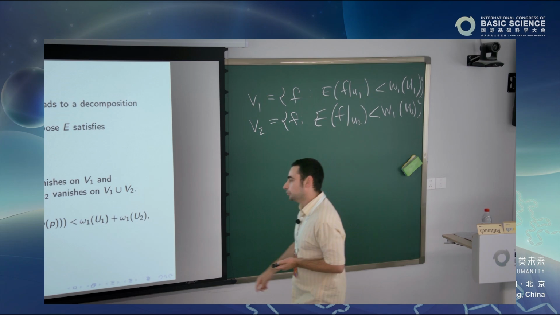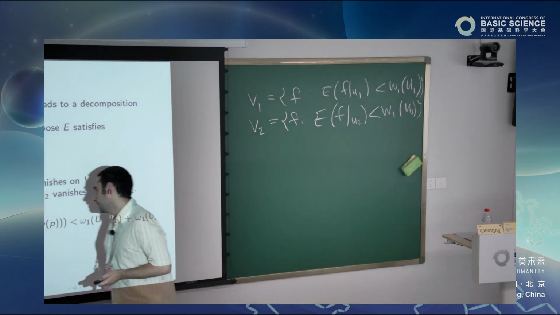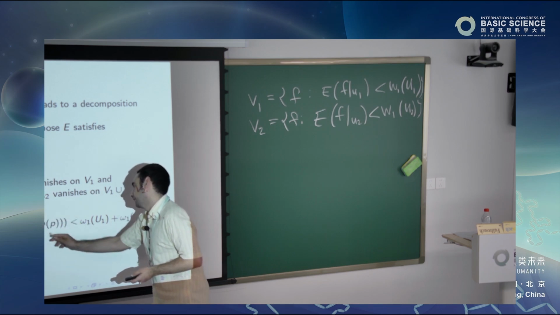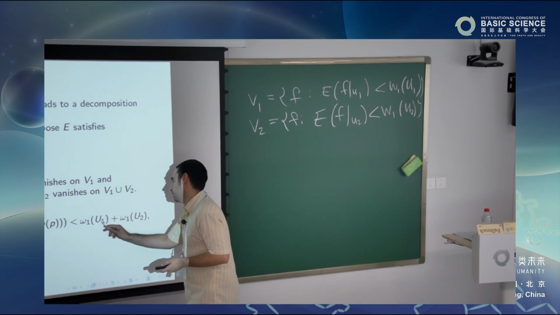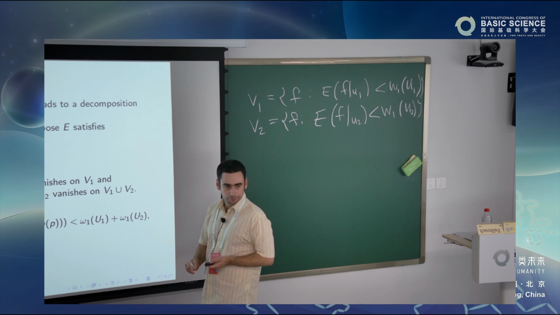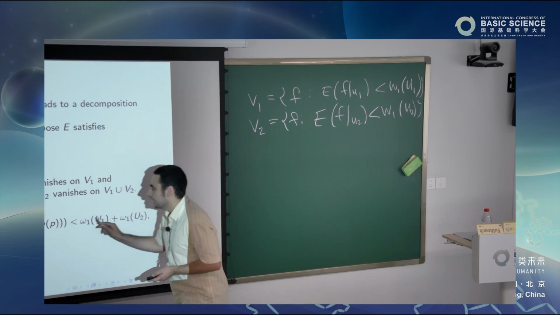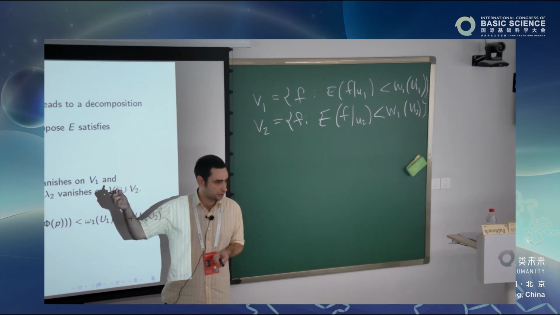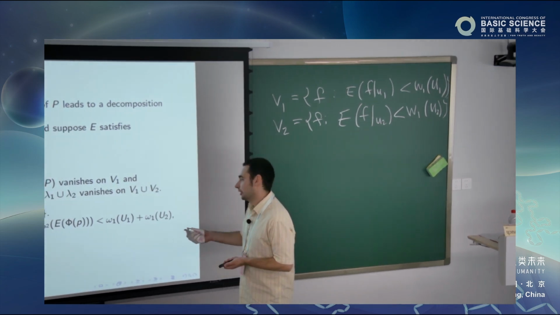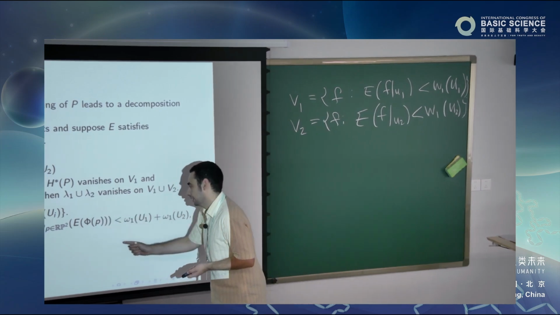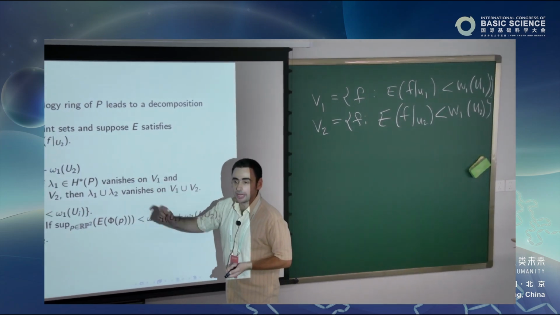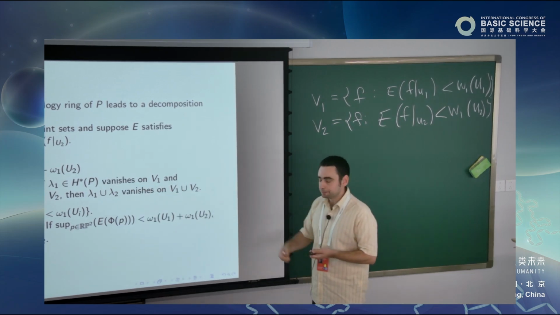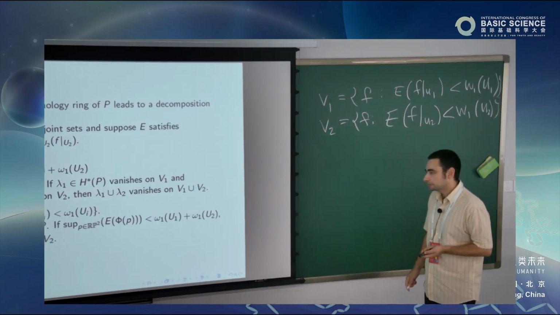And so suppose we have a map, and this map has values smaller than the sum of W1 of U1 and W1 of U2. We would like to say that such a map cannot detect the second cohomology class, which means that W2 of the union has to be larger than the sum.